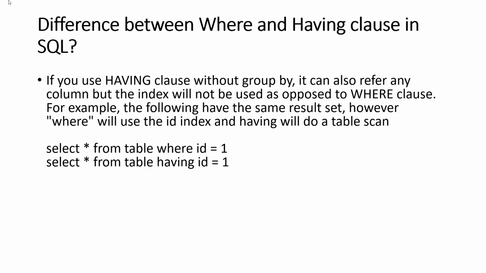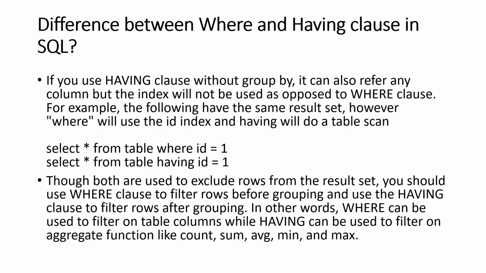SELECT * FROM table WHERE id = 1, and SELECT * FROM table HAVING id = 1. So both give me the same result, but the difference is in the solving approach. WHERE uses the id as an index and gives me the id 1 record, while HAVING will do a whole table scan.